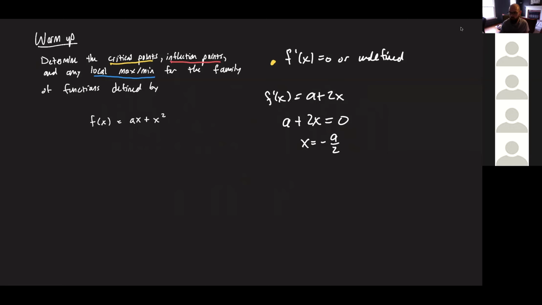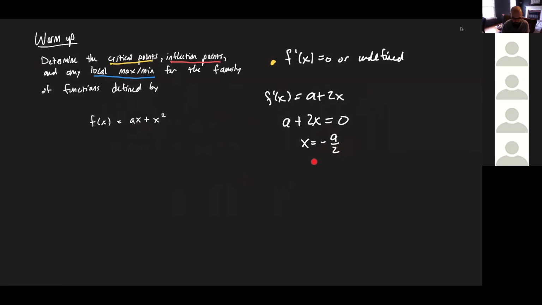All right, so one thing to point out here, at -a/2, you're not getting a number, right? So this isn't a number in the traditional sense, but for this problem, we're thinking about a as a fixed value, right? So our variable in our function is x, so that's where you would plug in your inputs that you would find points with, but a is going to be a fixed number, okay? It's a fixed parameter in relation to this problem.